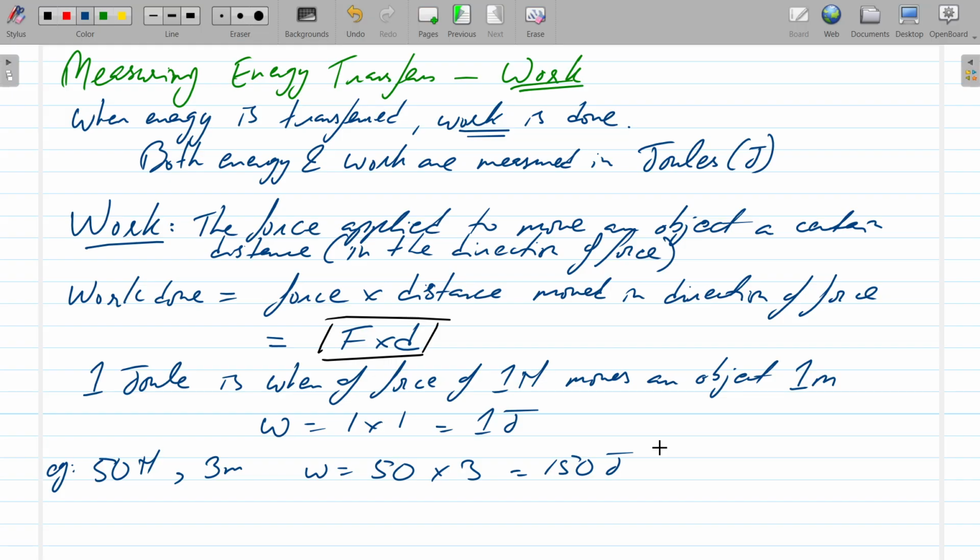That is the amount of work done. And it's not just about horizontal movement, it can be vertical movement as well. So as long as the force applied is in the direction of movement, you have work being done.